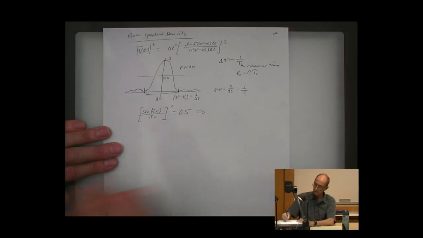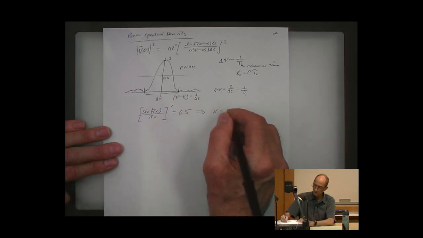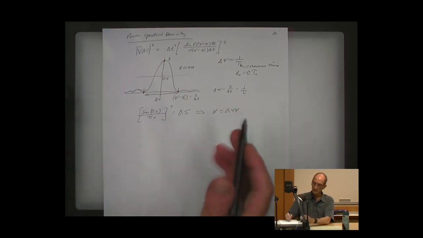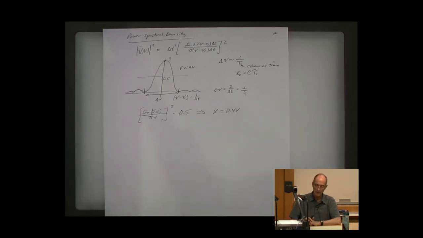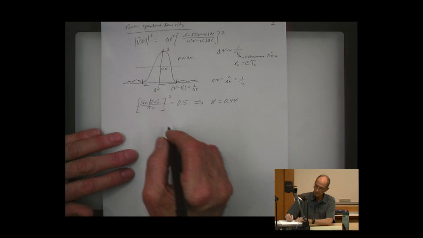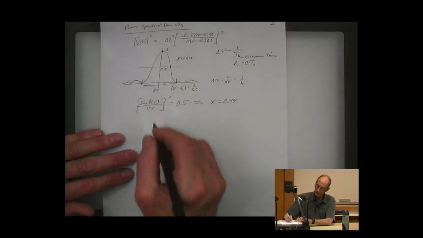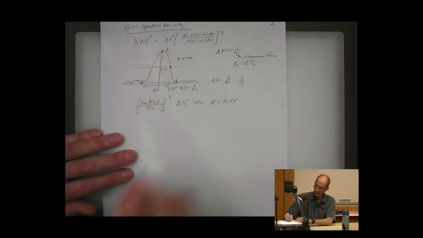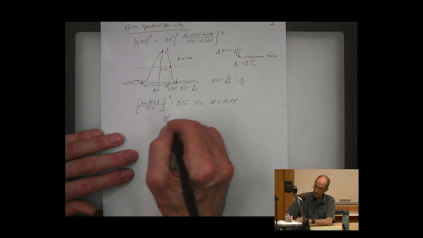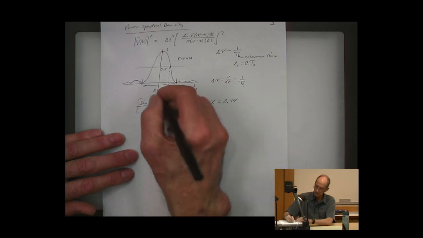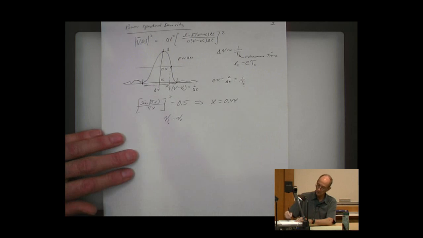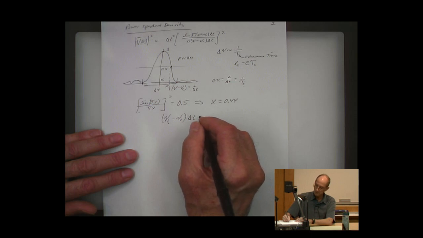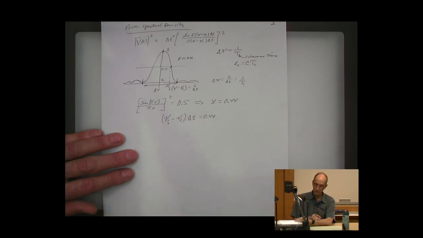This occurs when x is about equal to 0.44. If you put 0.44 into x, this function works out to be about half. But that's only for the half here. So we end up with nu sub 1/2 minus nu 0, where the center frequency is nu 0, times delta t, equal to 0.44.